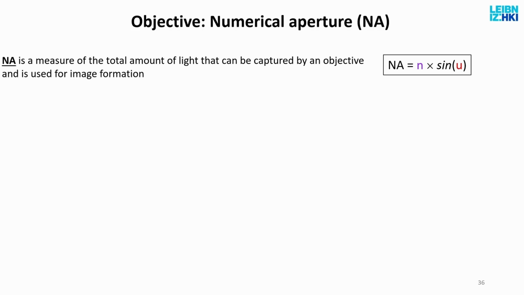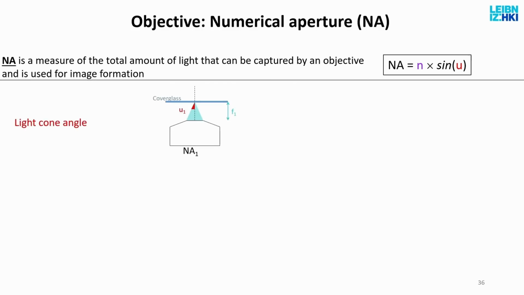The formula that describes the numerical aperture is simply the refractive index multiplied by the sine of the angle at which the light enters the lens, and this you understand better here. So this is the objective lens, it's an inverted microscope. This is your sample cover glass, this is the distance, which is the focal distance of the lens. You are focusing on your sample.